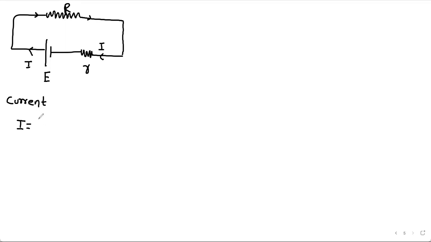So the current through the cell is the EMF of the cell divided by the total resistance of the cell. That's first. This is how we calculate current.